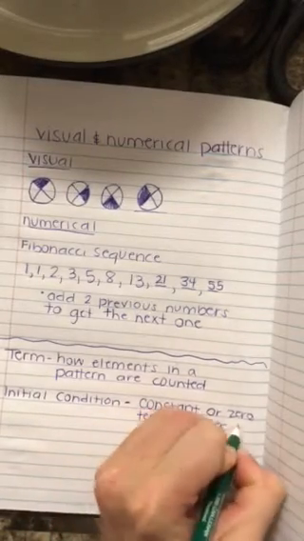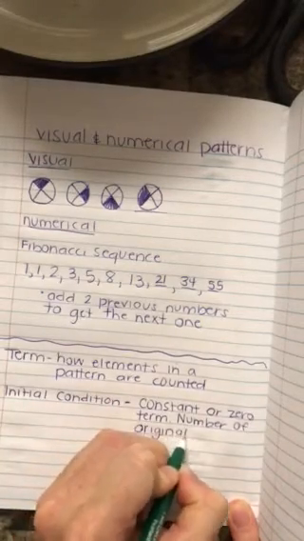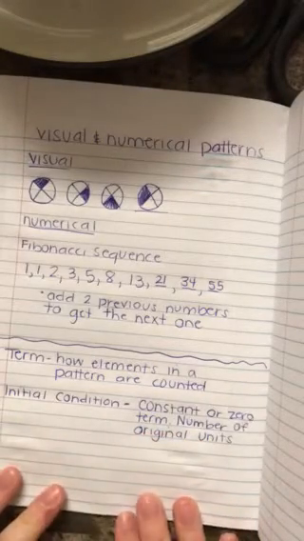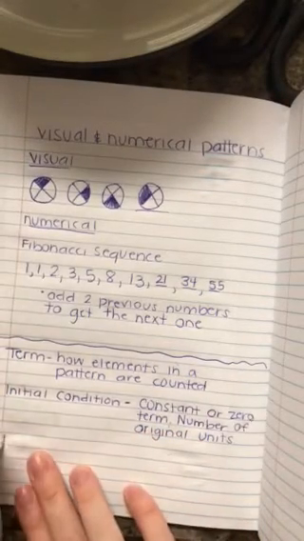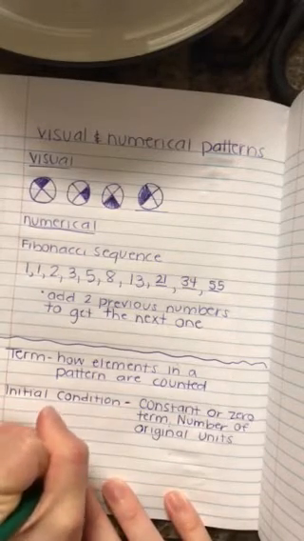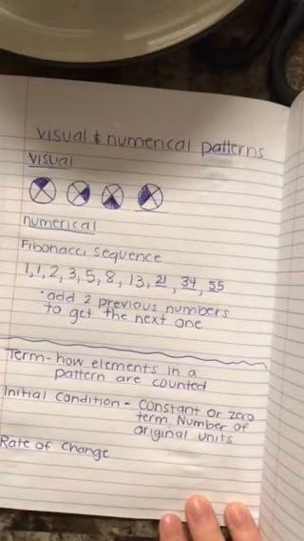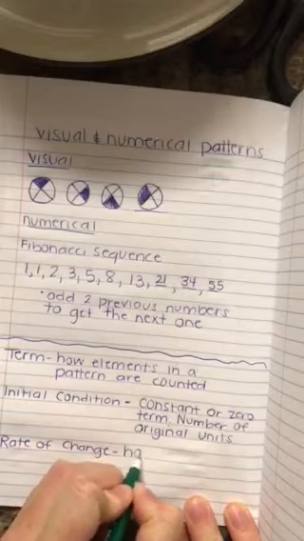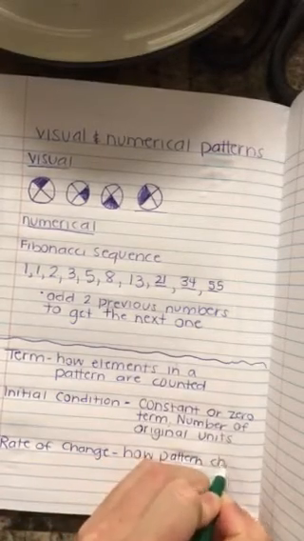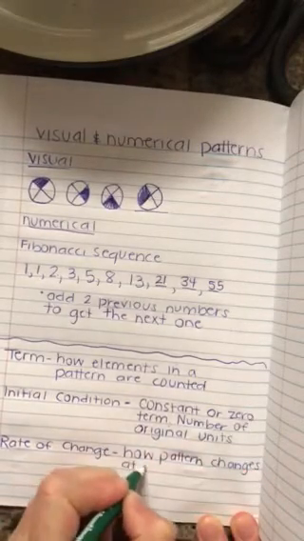Number of original units. The next one is the rate of change, and this is how the pattern changes at each step.